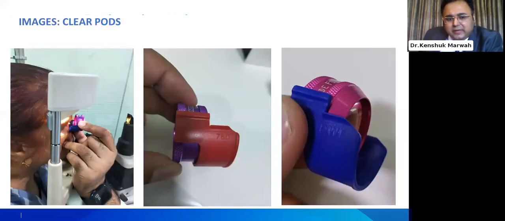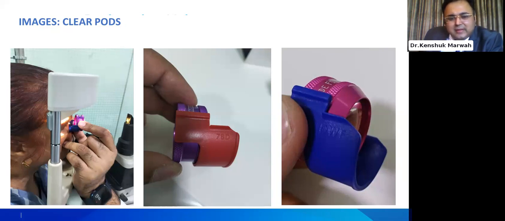This is a patient where I'm using this ClearPod lens, and you can see the marks. There's embossing on the ClearPod, which tells for which lens it is. It's a 78 diopter lens or a digital wide field lens. Which lens we are using it for?